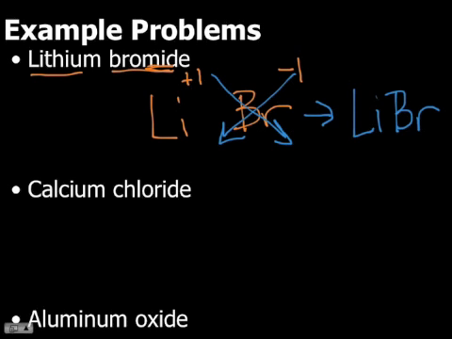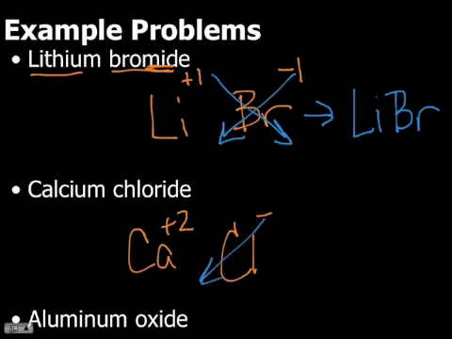Okay, so let's look at our next one, calcium chloride. Calcium is a +2 because it's in group 2. Chloride comes from chlorine, which is a -1. Then we're going to cross our charges, and then when we drop them down, we're going to lose the plus and minus, and this was a -1 up here, so we end up with CaCl2.